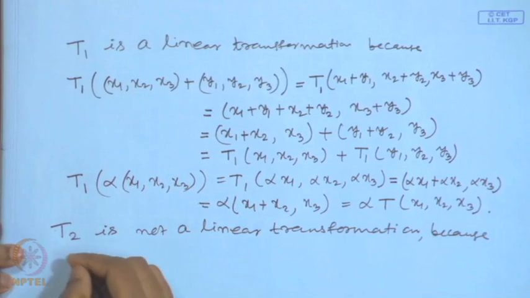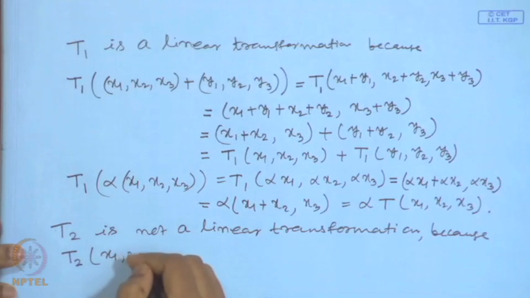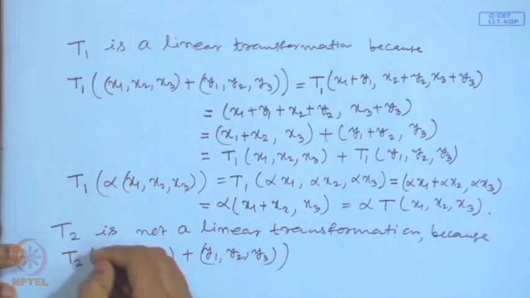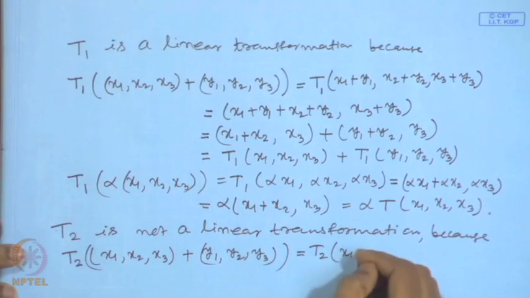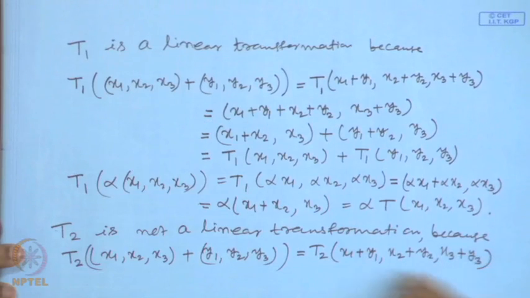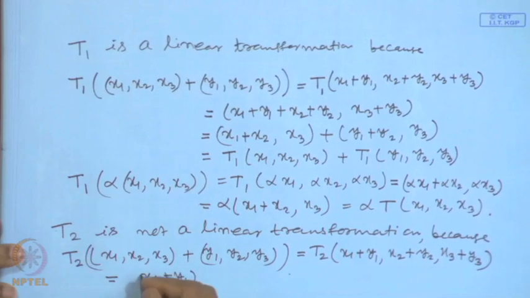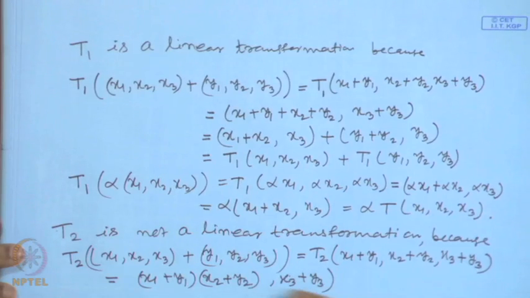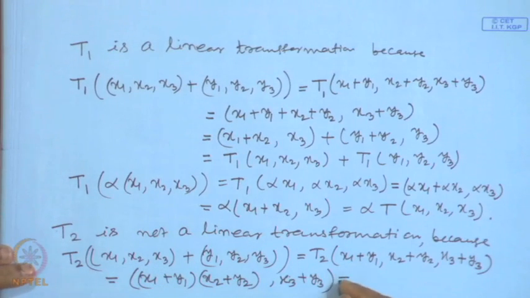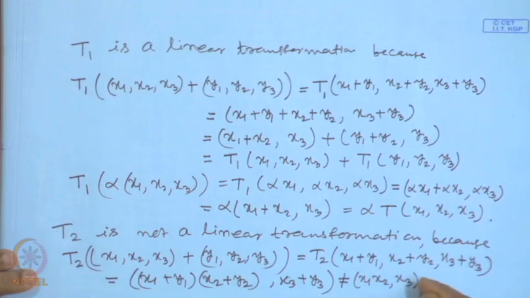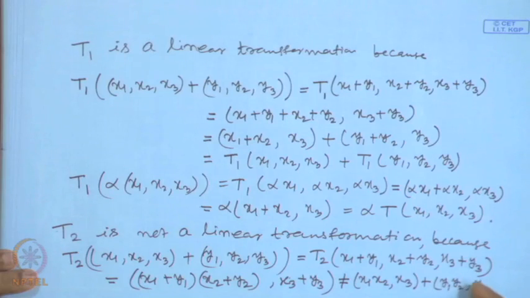Because T2 of x1, x2, x3 plus y1, y2, y3 is equal to T2 of x1 plus y1, x2 plus y2, x3 plus y3, and according to the definition this is equal to x1 plus y1 into x2 plus y2, x3 plus y3, and of course, this is not equal to x1 x2, x3 plus y1 y2, y3.